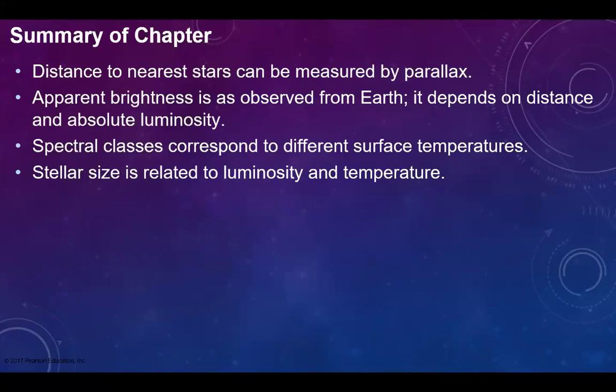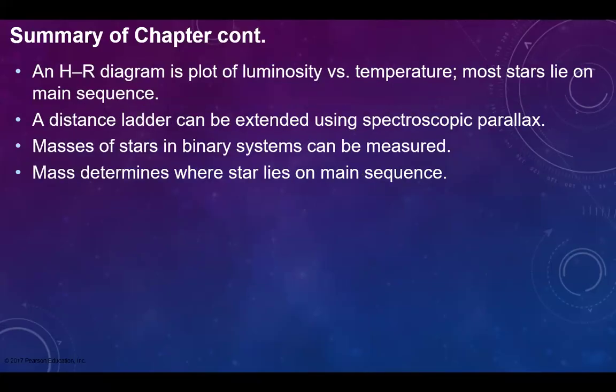Stellar size is related to luminosity and temperature. An HR diagram is a plot of luminosity versus temperature, and most stars lie on what is known as the main sequence. So starting with spectroscopic parallax, we can build a distance ladder to extend out to further distances. The masses of stars in binary systems can be measured, and mass determines where a star lies on the main sequence.